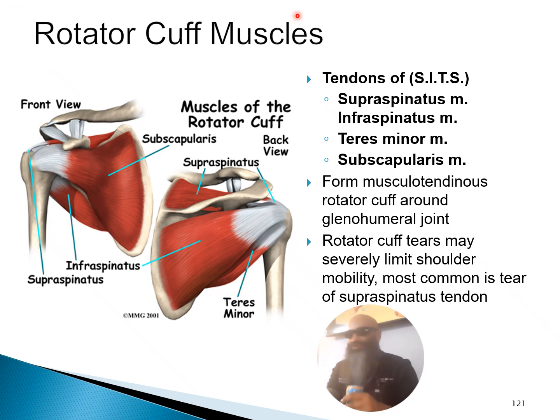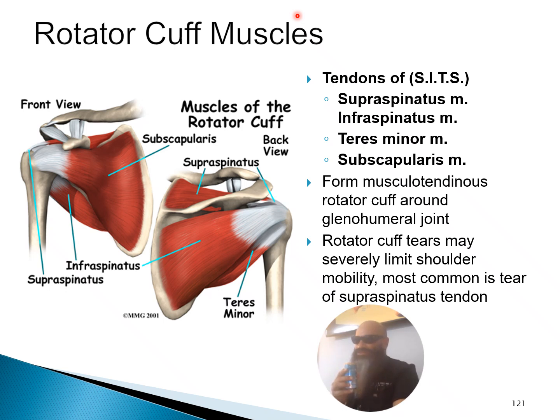All right, so rotator cuff muscles. Some patients used to say to me, rotator cuff. I'm like, yes, rotator cuff. Rotator cuff muscles, also known as SITS. Basically you've got your supraspinatus, infraspinatus, teres minor, not major. Teres minor, not major. Which one's in the SITS group? Minor. And then your subscapularis.